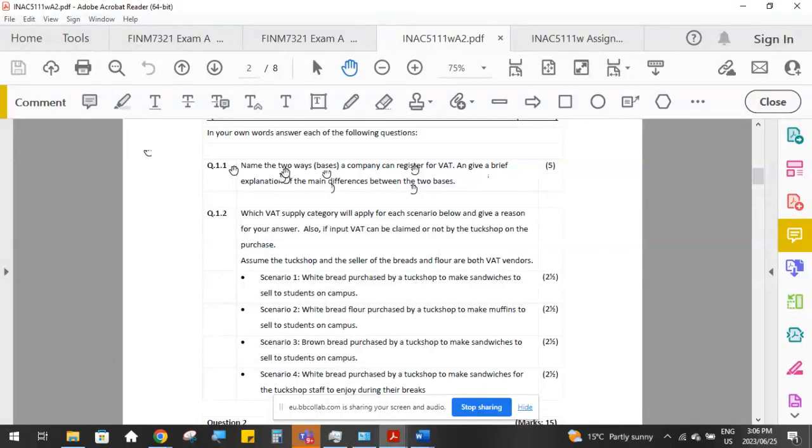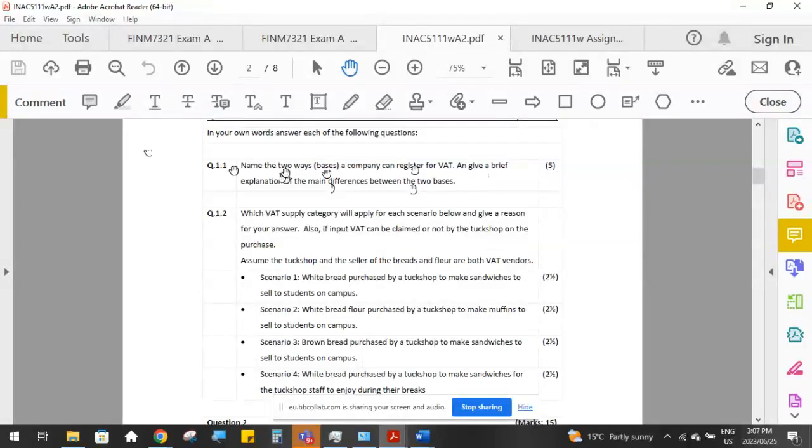So if you go to your LU3, page 75, and we go near the beginning of the chapter, just after the VAT supply category, so on page 83 of the textbook, there's a big heading that says payments versus invoice basis.